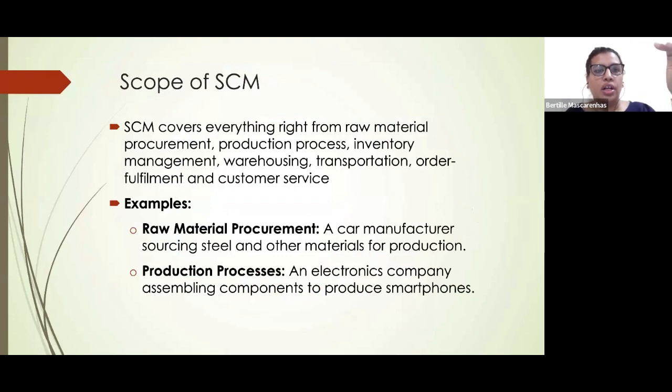So what all does the supply chain management cover? First, like I said, was raw material procurement. Okay, take down this. Write this down, guys, because you all will need this. What is the scope of supply chain management?